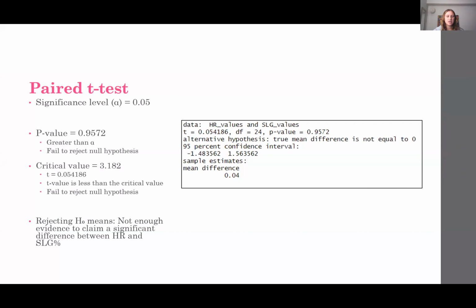Looking at the critical value as well, which was found in a t-chart, it ended up being about 3.2, and the t-value in the output from the paired t-test is 0.05. Since this t-value is less than the critical value found from the table, we again fail to reject the null hypothesis. Failing to reject this means that there is not enough evidence to claim a significant difference between home runs and slugging percentage.